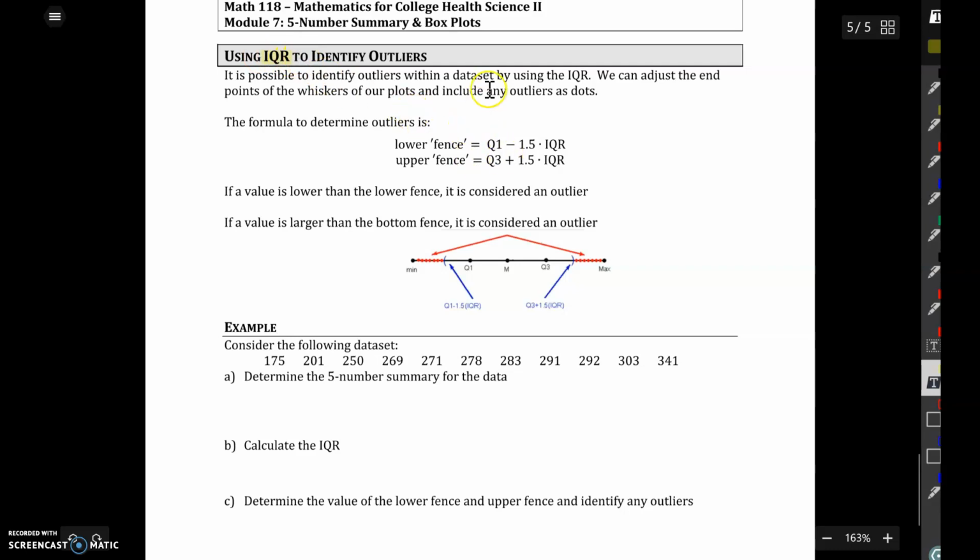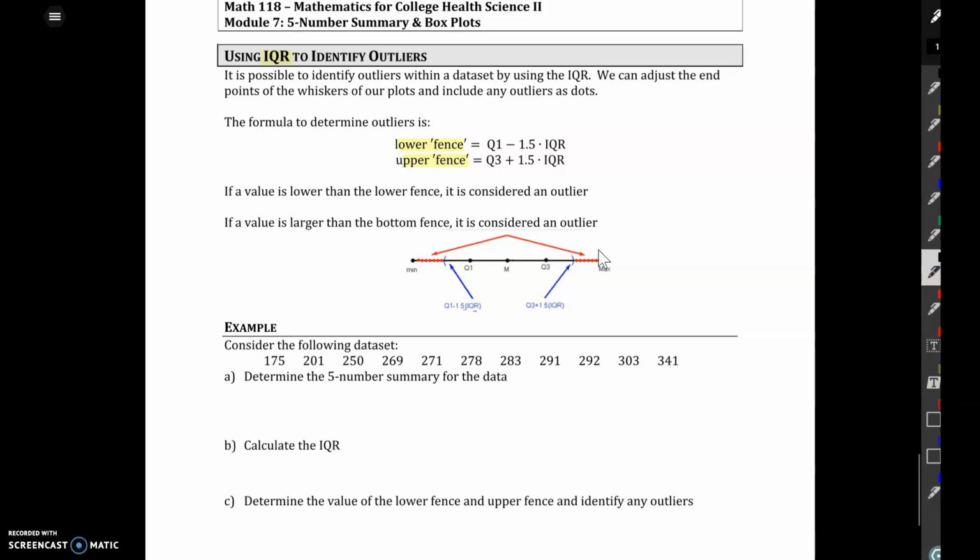So depending on how large the interquartile range is, that determines what our lower range for our outliers are and our upper range. So the lowest possible non-outlier value that we'll consider is going to be found by going below the first quartile 1.5 times the interquartile range.